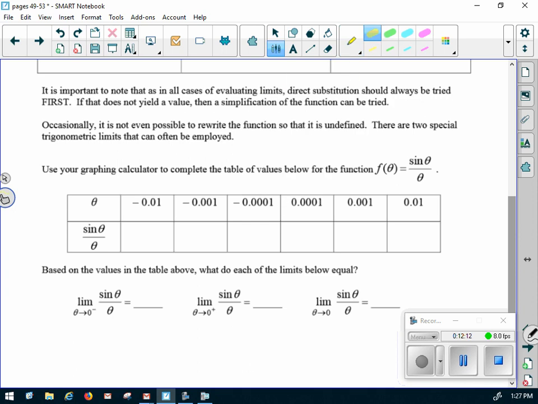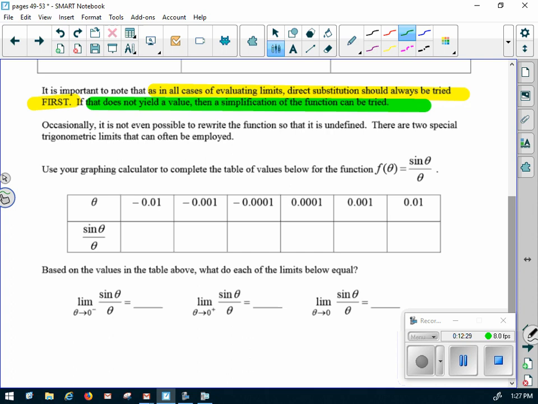In all cases of evaluating limits, direct substitution should be tried first. If that does not yield a value, then a simplification can be tried. You always try direct substitution first. Occasionally, it is not even possible to rewrite the function so it's defined.